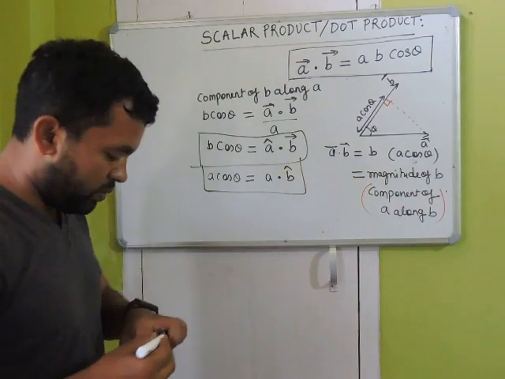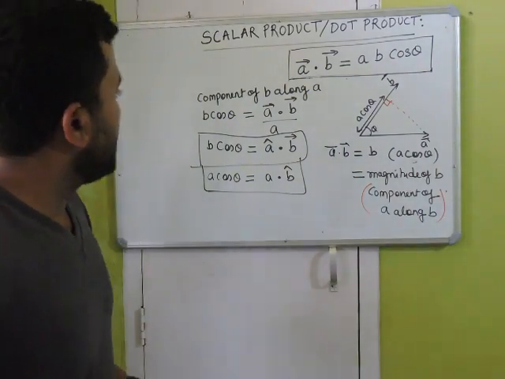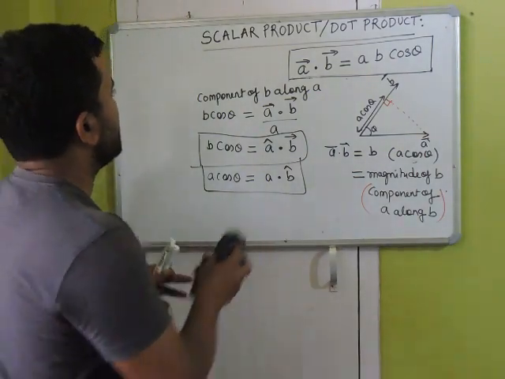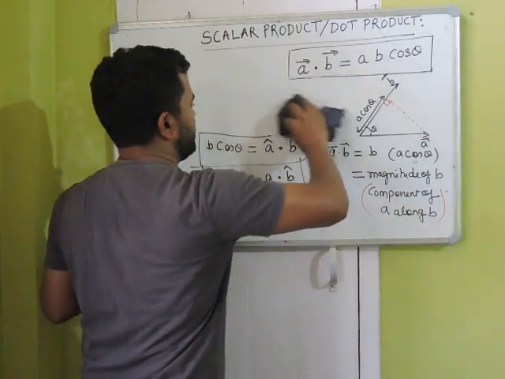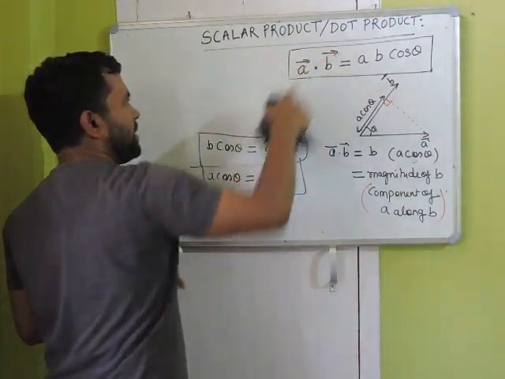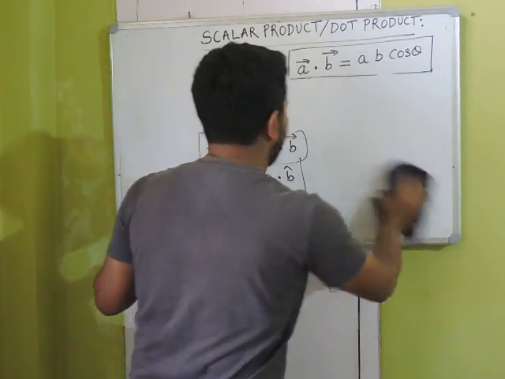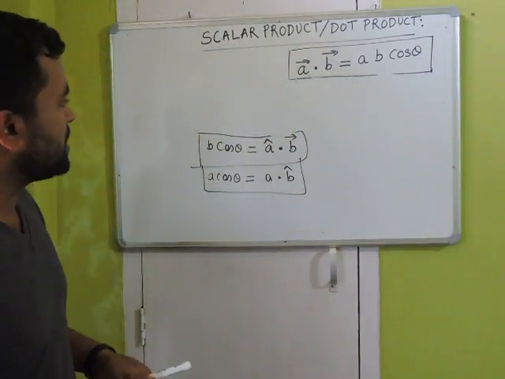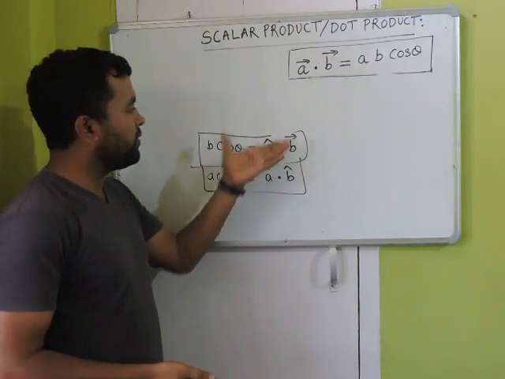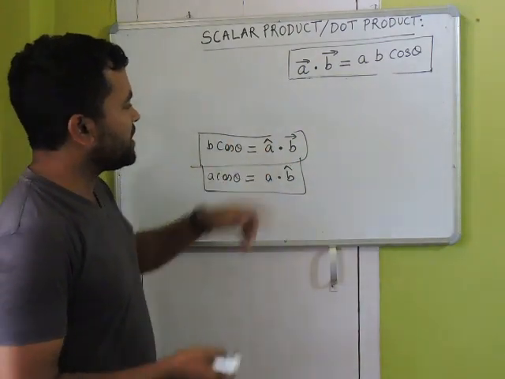Right? Now, if you want to understand this this way, then also it's fine. All are connected only, same thing. We are just writing in a different form or different fashion. Now, what is A dot B?